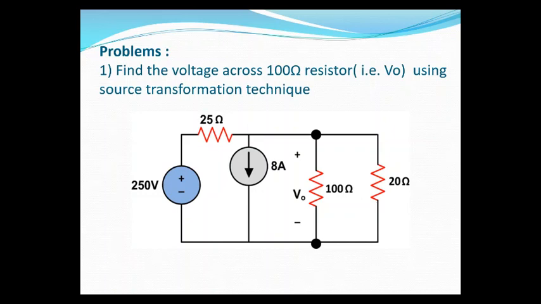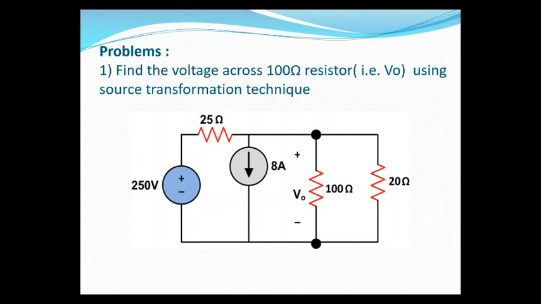So if we transform this voltage source into a current source, how much are you getting? A 10 amps current source is in parallel with 25 ohms, and the 8 amps current source is in parallel with 20 ohms. But the directions of both are different here.